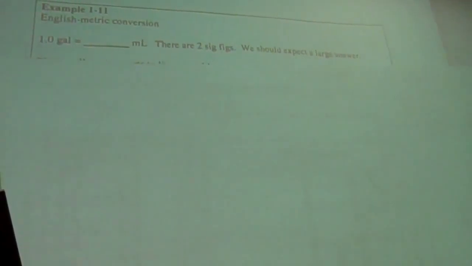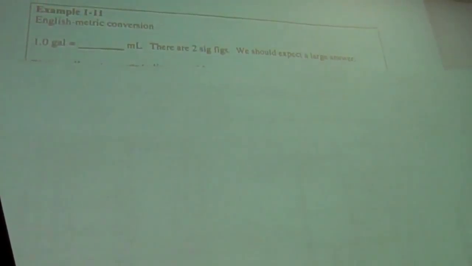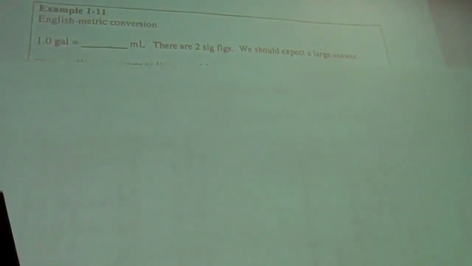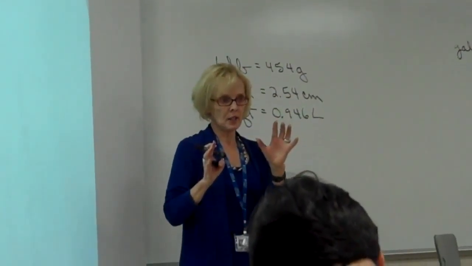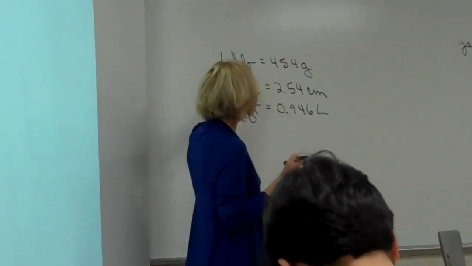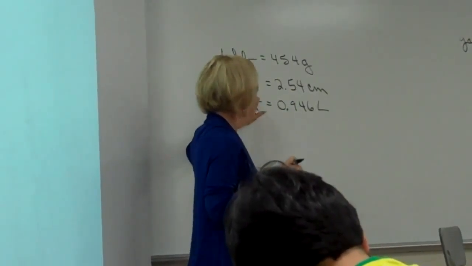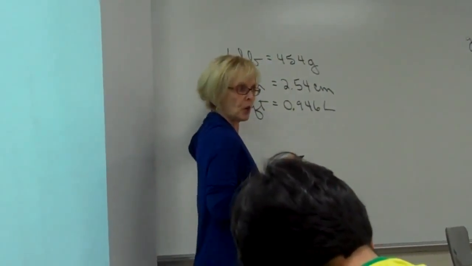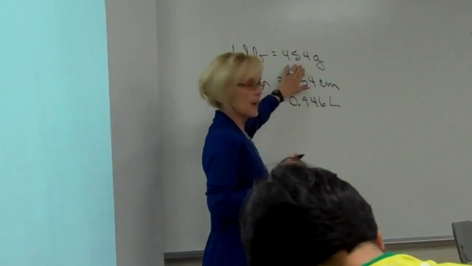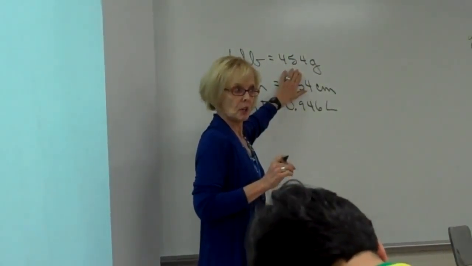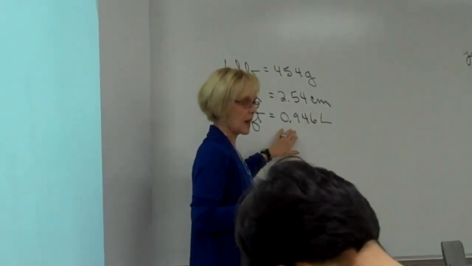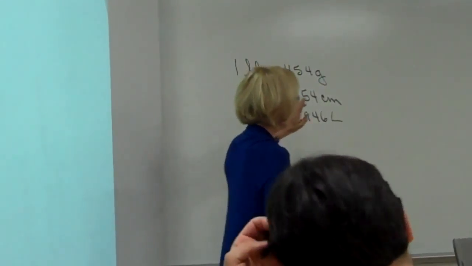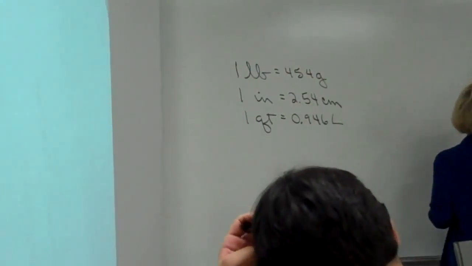Game plan. Because this is what we're going to memorize. Let's say you believe me and say, let's memorize these. Here's why I choose this format: because of how parallel it is for your memory. I have English over on this side, and 1, 1, and 1. And then I said what that's equivalent to in the metric. So we know 1 pound is this, 1 inch is this, 1 quart is that. Now I've got gallons.